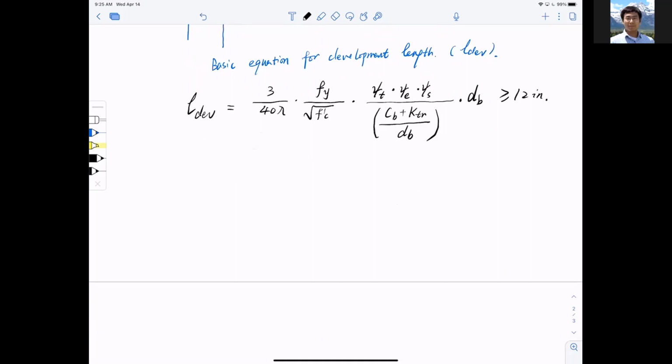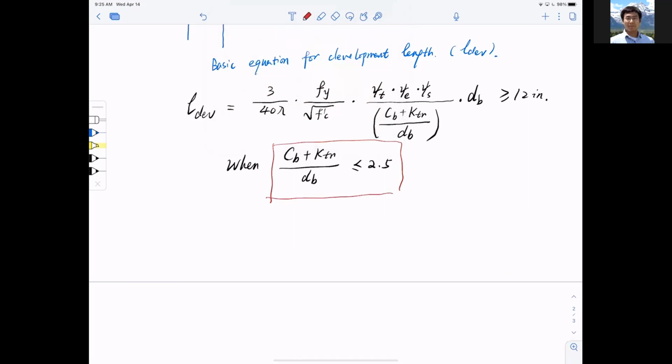But be careful. It also states that this equation is only valid when cb plus Ktr divided by db is smaller than or equal to 2.5. What does it mean? It means that this confinement coefficient, the confinement effect, is limited by the number 2.5.